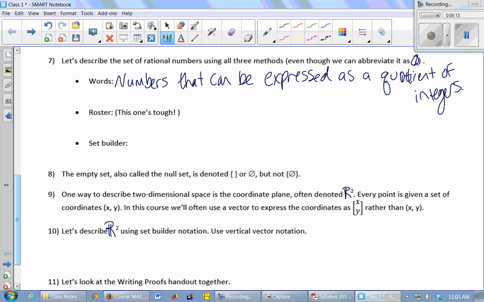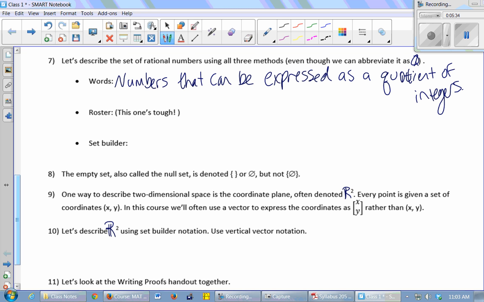So 2 is a rational number, and then e is irrational, right? The product of them would be irrational. That's kind of the thing we're going to talk about. Sure, 2 is an integer. Yep.